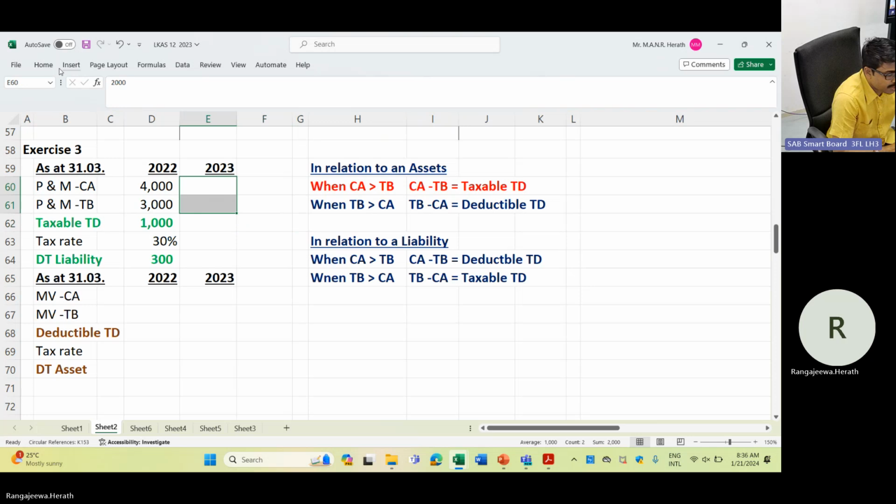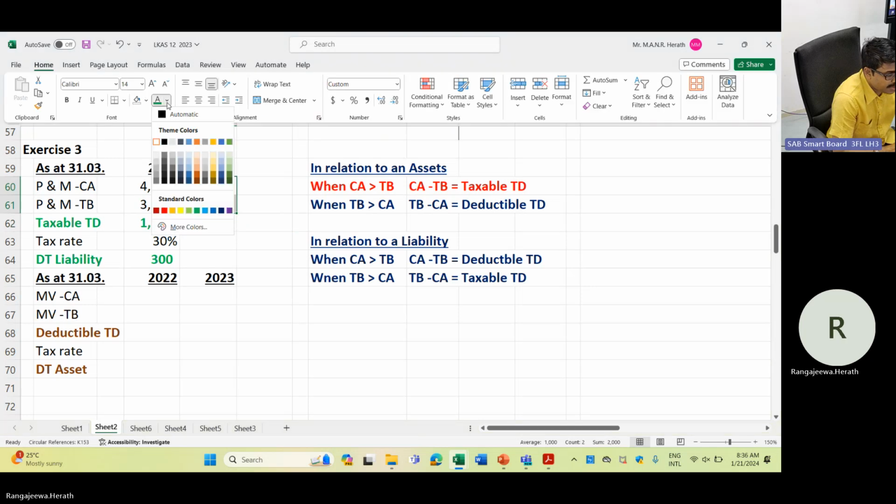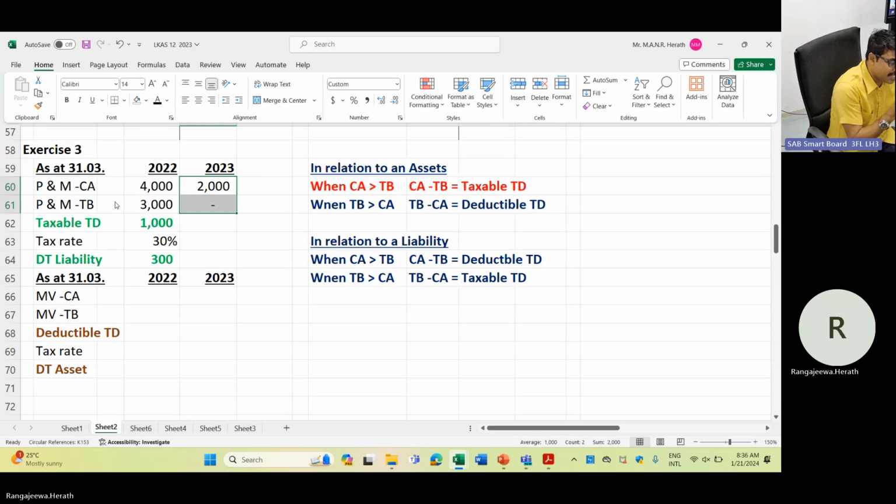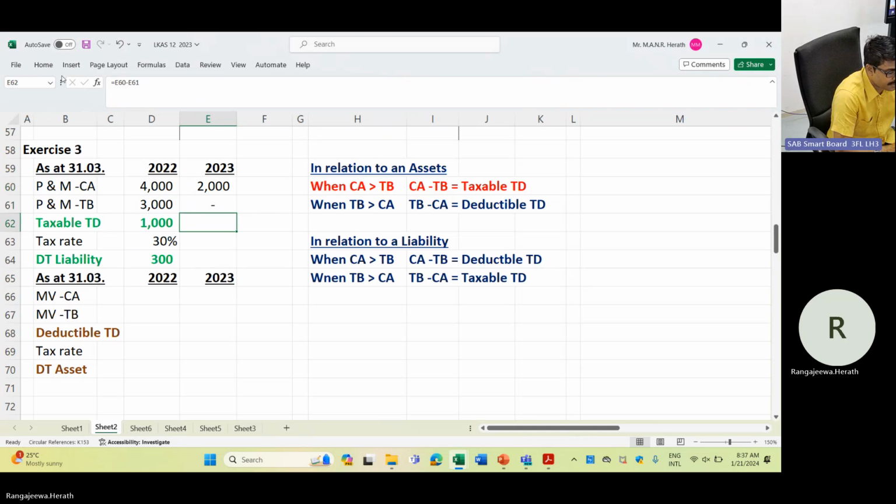Second year, carrying amount and tax base. Now, in the first year you identify taxable, it won't change. For a particular asset, initially create taxable temporary difference. Either it will increase or decrease. That's how it works. Right? Now it is taxable. So now the difference is 2,000.